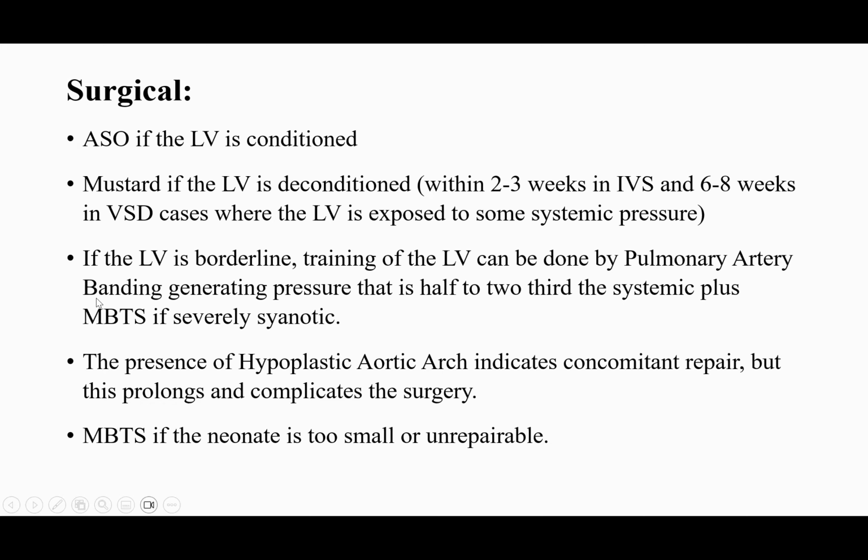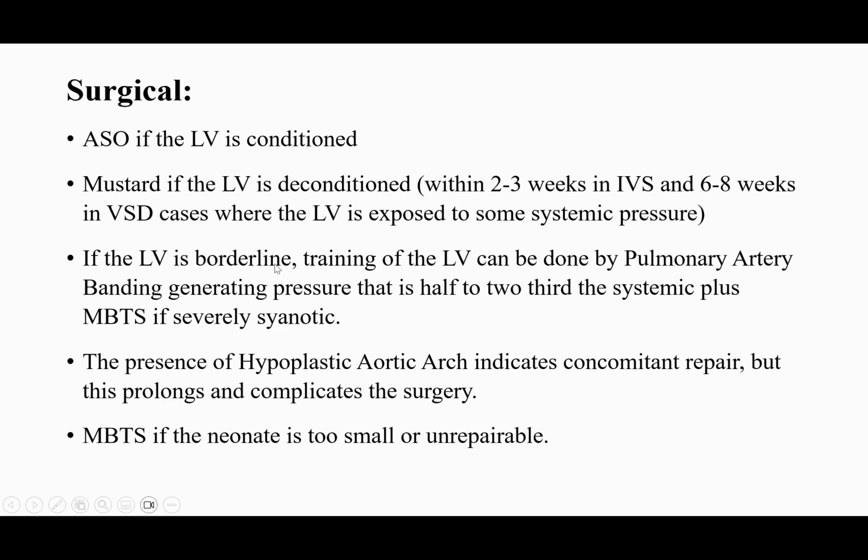If the left ventricle is borderline between conditioned and deconditioned, and we can't decide whether to do a switch or a Mustard, training of the left ventricle can be done by a pulmonary artery band generating pressure that is half to 2/3 the systemic, plus an MBT shunt if severe cyanosis.